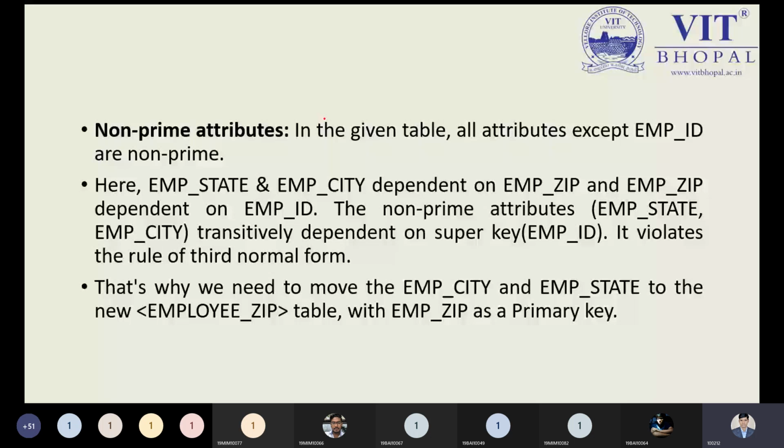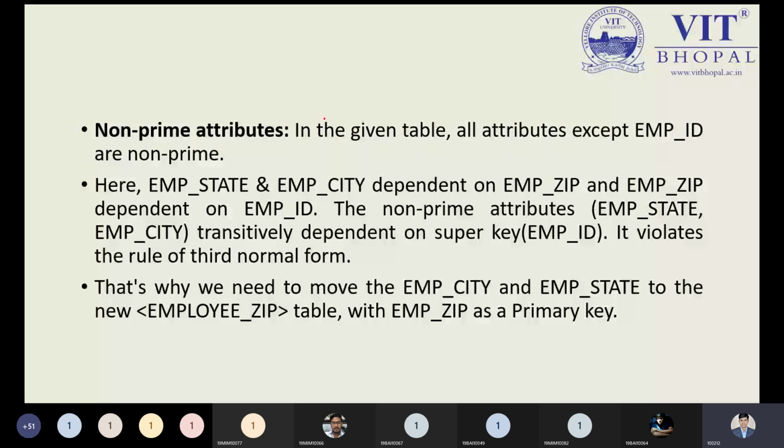If you need to identify which city an employee belongs to, we need to take care of the employee zip. So the employee zip is a field which belongs to two different paradigms: one is finding the employee detail, and the other is finding the employee city and state.